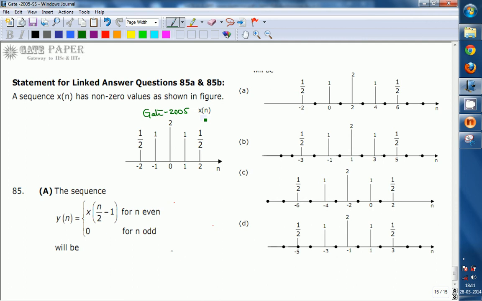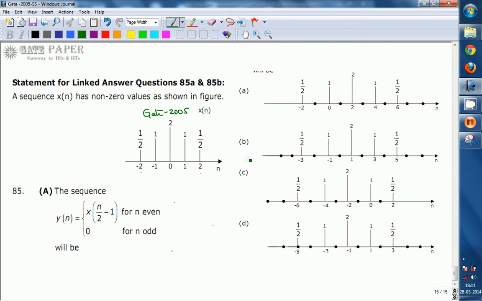So given the x of n values like this at different positions, -1 to -2 to 2, given the sample values. So here we need to find the sequence y of n, given as x of n by 2 -1 for even values of n and 0 for odd values of n.